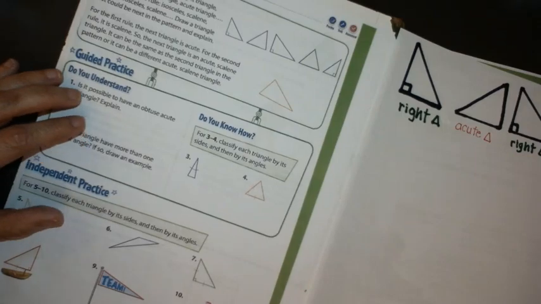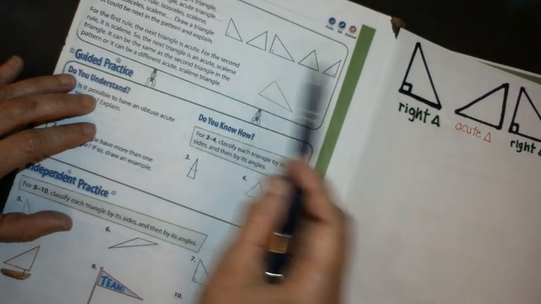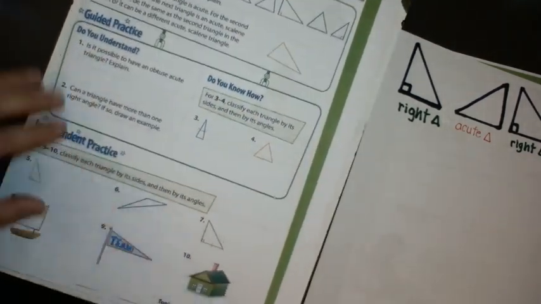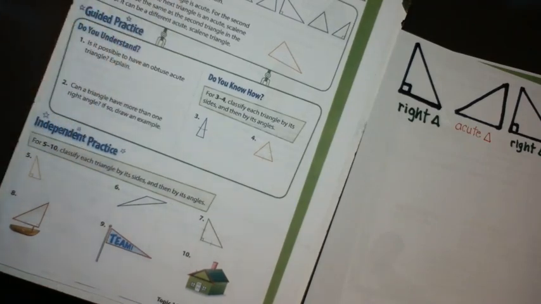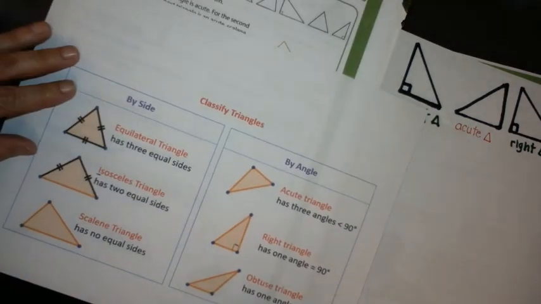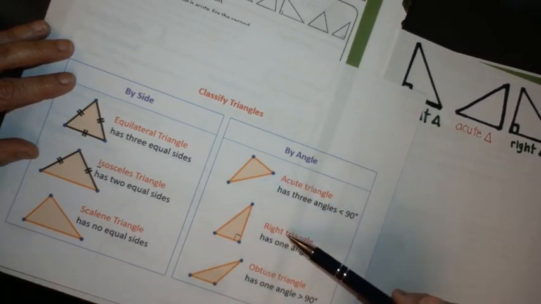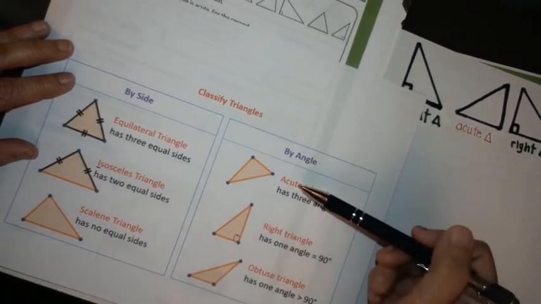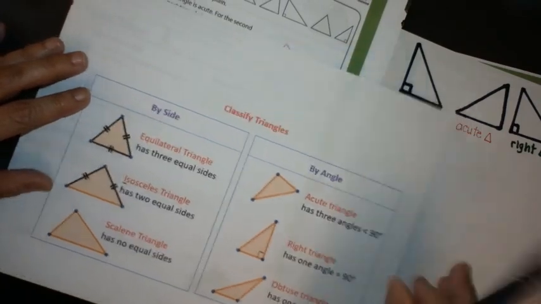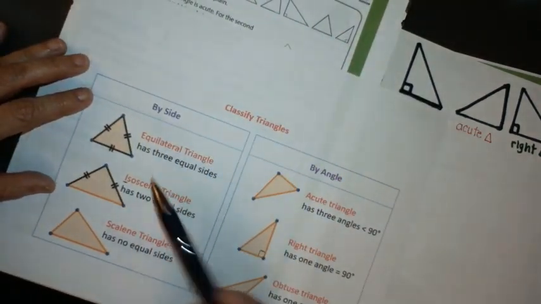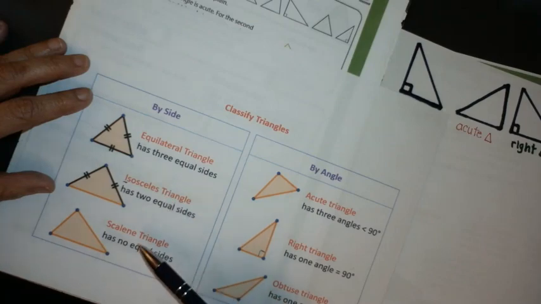So that would be a pattern of following these types of triangles. They're trying to tell you that you can identify them by their angles. That's why we call them acute or right. There wasn't an obtuse, but they were acute and right. But you can also identify these same triangles as isosceles and scalene.